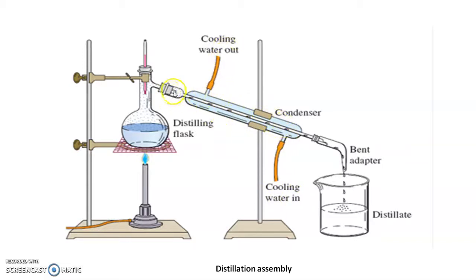From this tube, the fumes of our distillate go from this chamber, these two water inlet and outlet cool these vapors, and these cooled vapors are collected into the distillate or a specific beaker. In this way the distillation process can be carried out.